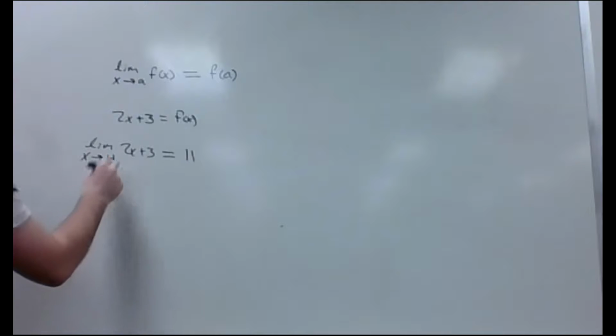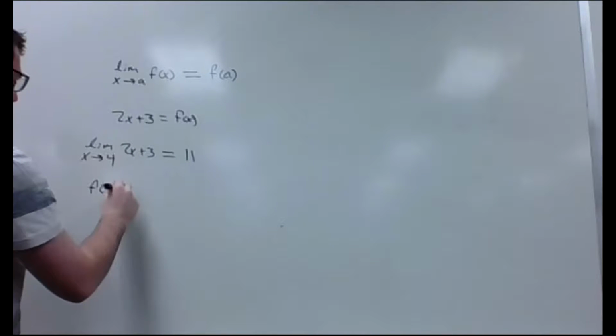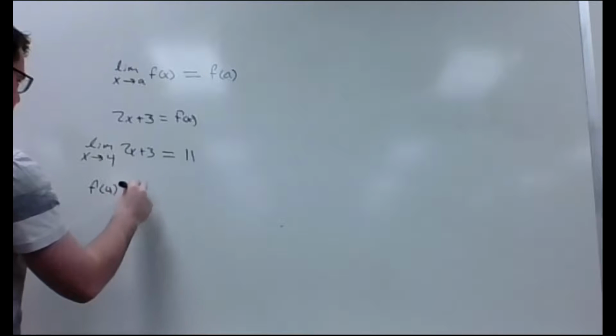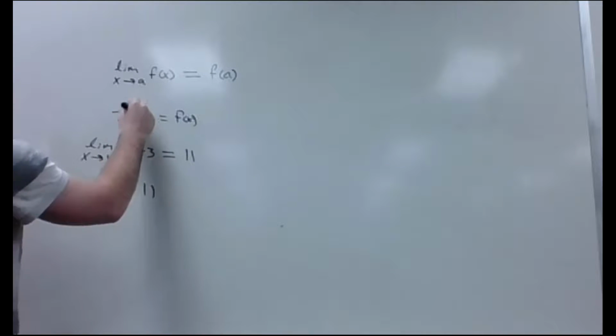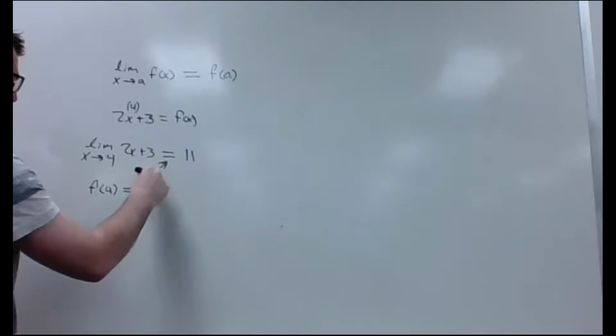And if we plug it into the function, f of 4 is also going to equal 11, because we plug in 4 here, 8 plus 3 is 11. And so these are the same, so it's continuous.